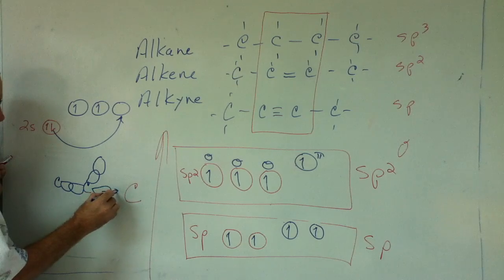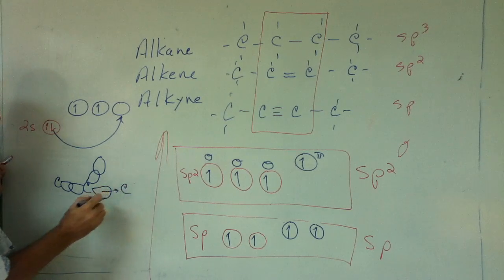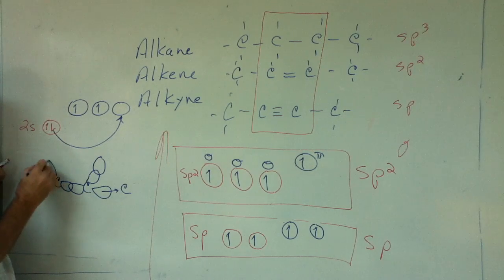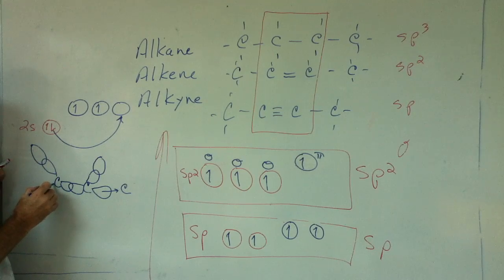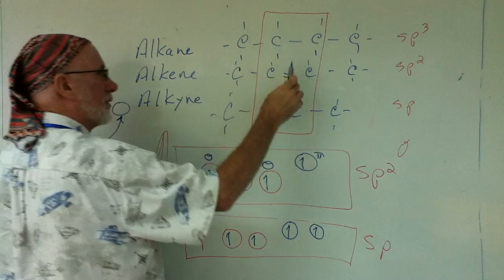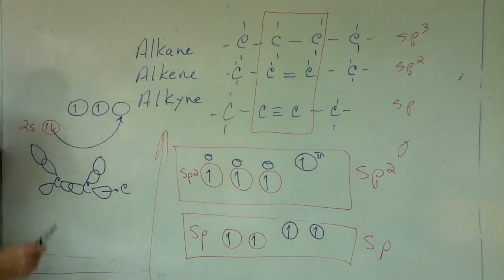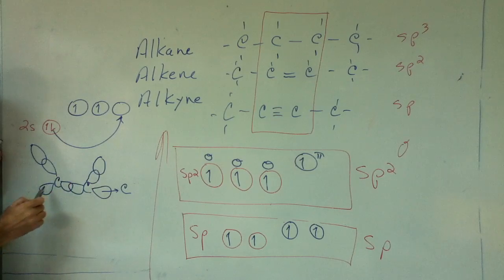And then you have this going to another hydrogen, and this going to another carbon, because you only have 2 hydrogens, right? 1, 2. You see that? So that's to a hydrogen, that's to a hydrogen, that's to another carbon.